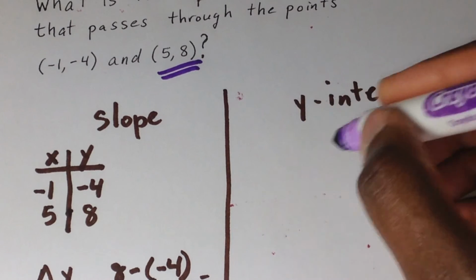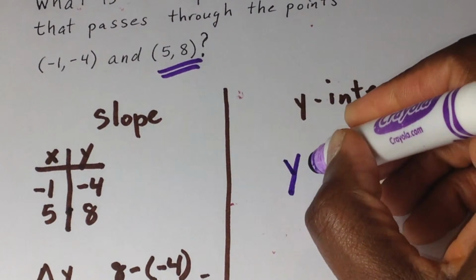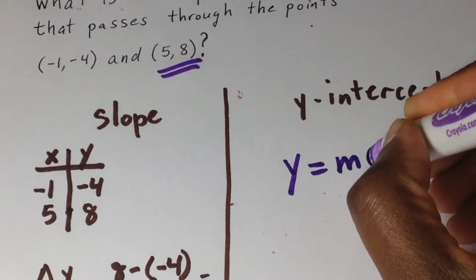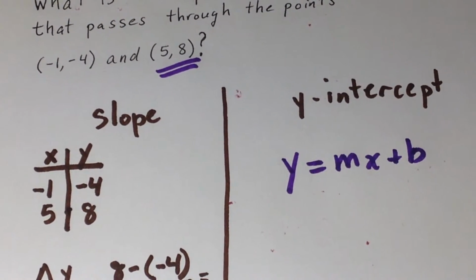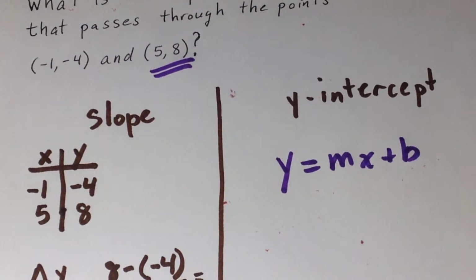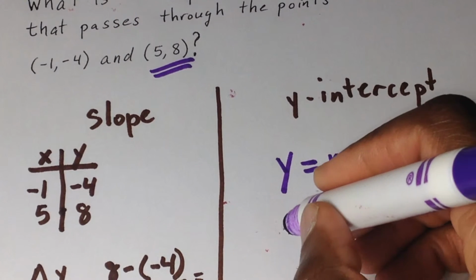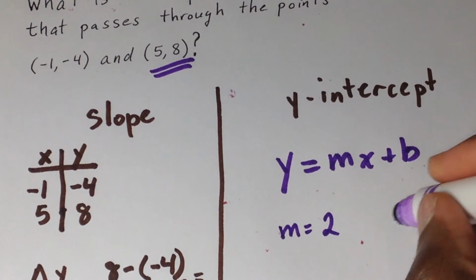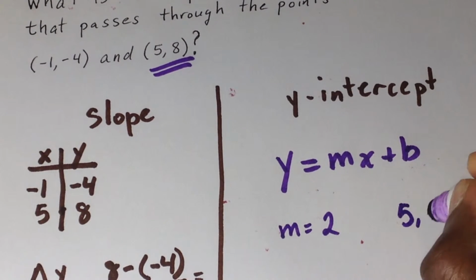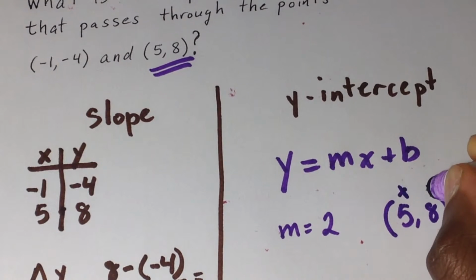So here's what we do. We are now going to take the equation, which is y equal mx plus b, okay? We're going to use one of the points, and we're going to use the slope. Remember, the slope is 2, and the point that we're going to use is 5, 8. Remember, this is your x and that's your y.